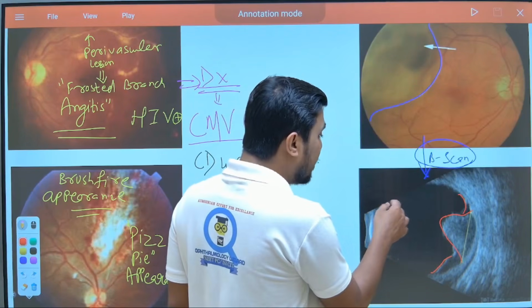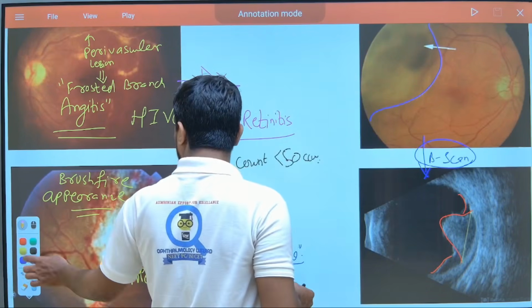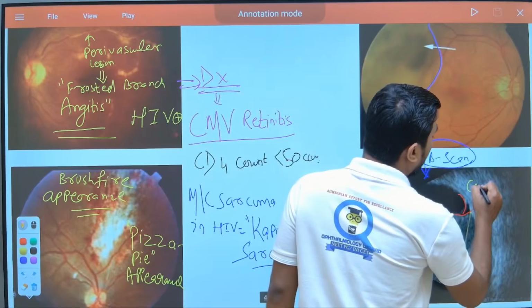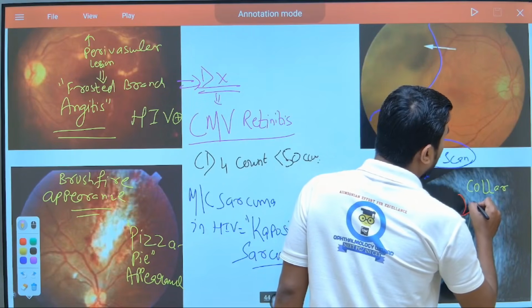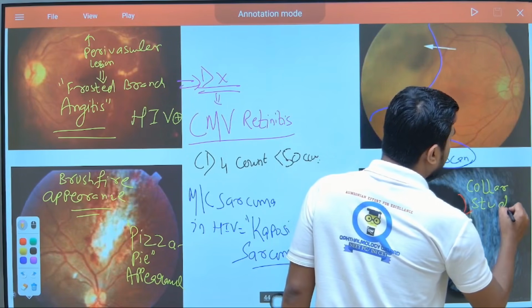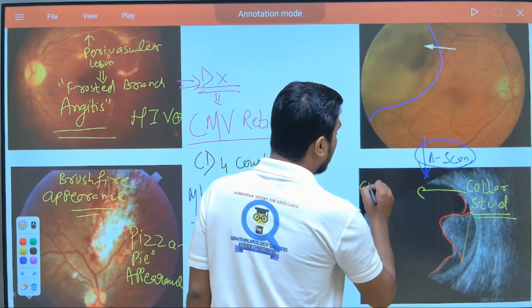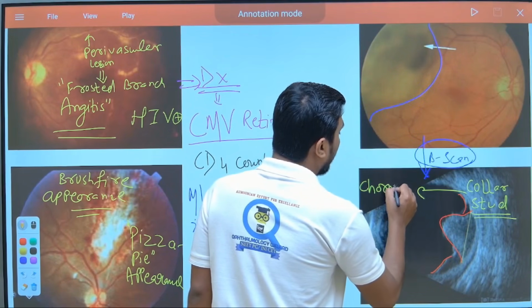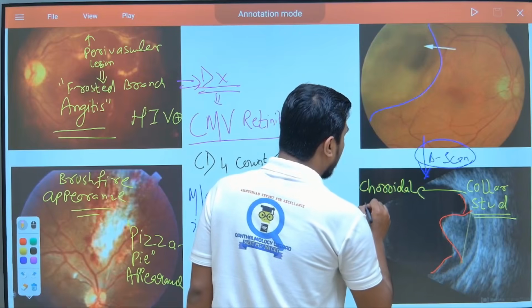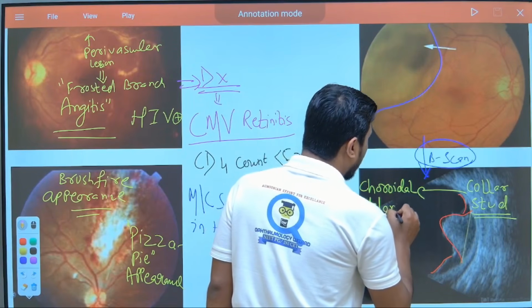This type of configuration is called collar stud appearance, and this is seen in choroidal melanoma.